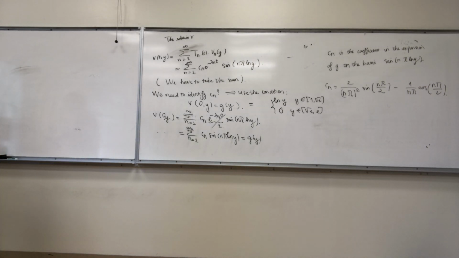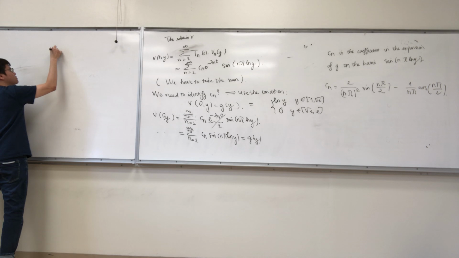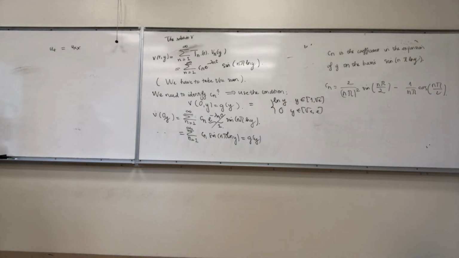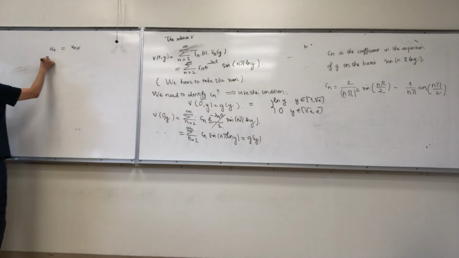So you have the heat equation, u_t equals u_xx. You have boundary conditions.